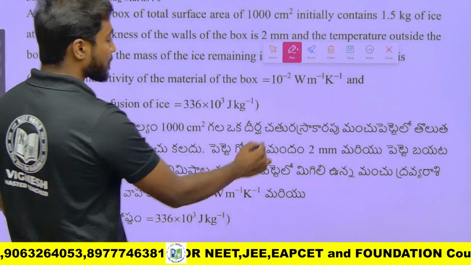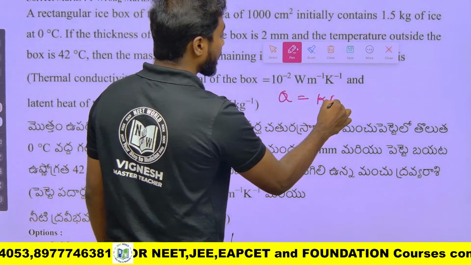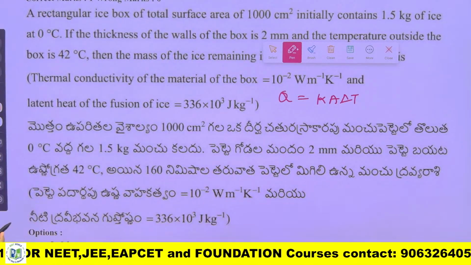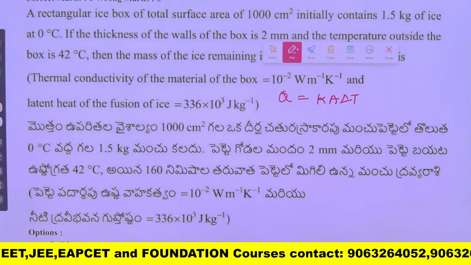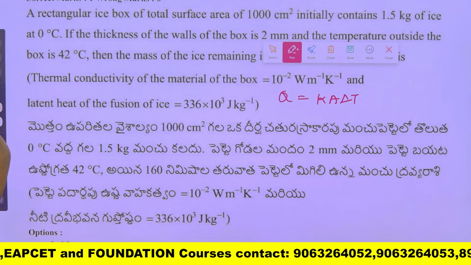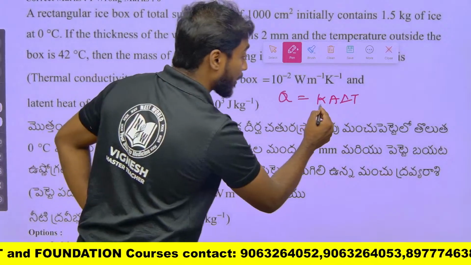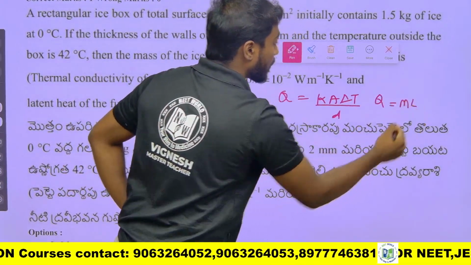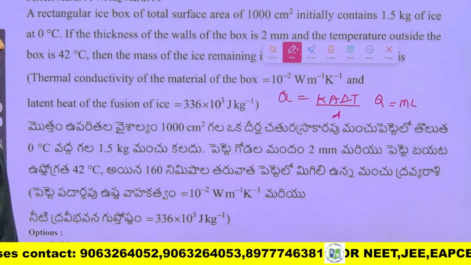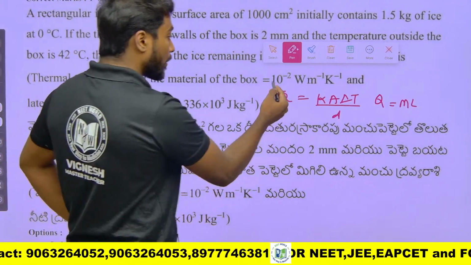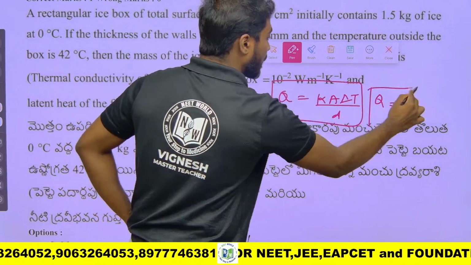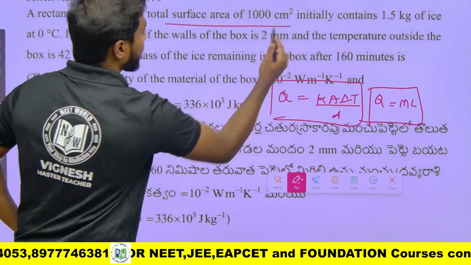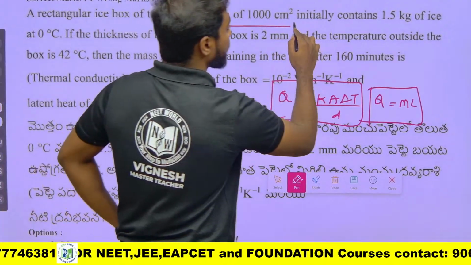So I can say Q is equal to K A delta T by d, right, and then Q is equal to m L. So both equations I can use. Only the equations I know and the terms they have given in the equation. So surface area is given and initial mass is there.